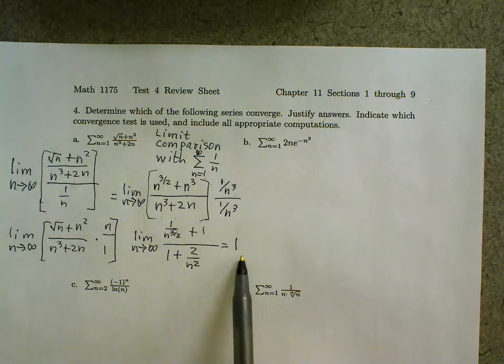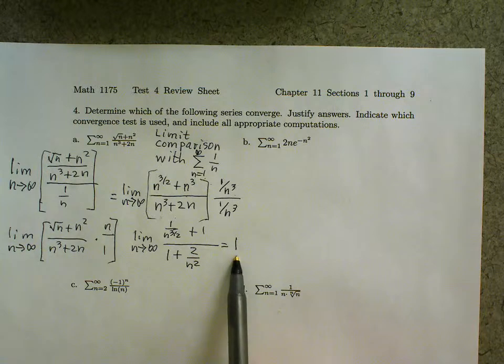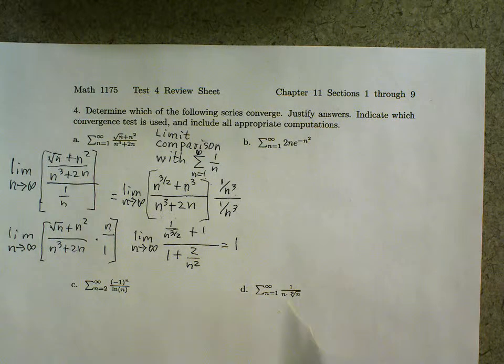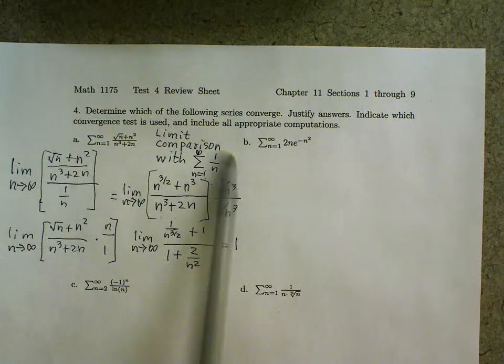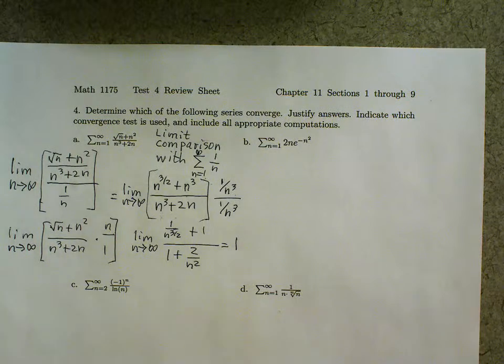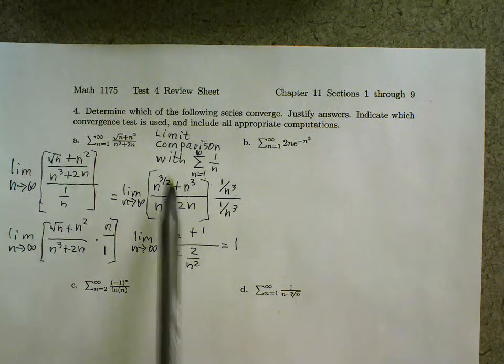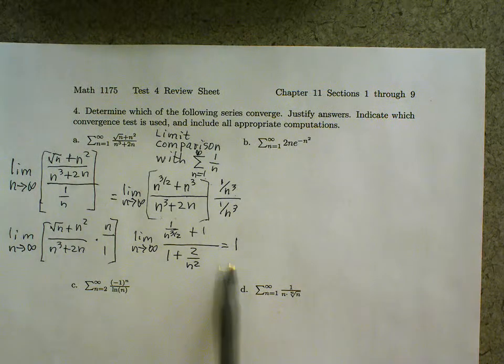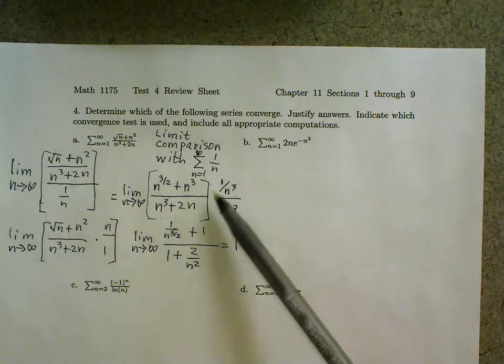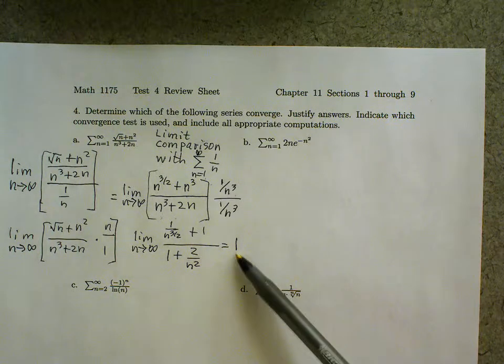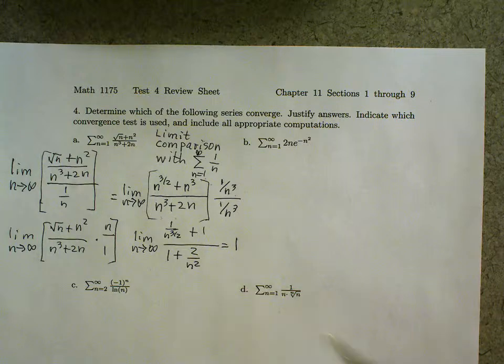So what does that mean? Well, in our limit comparison, we were using a series that we know diverges. And according to the limit comparison test, if the limit of the ratio of the terms from the two series is equal to a positive number, then both series do the same thing.